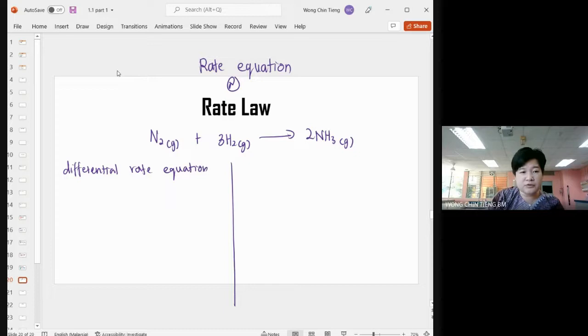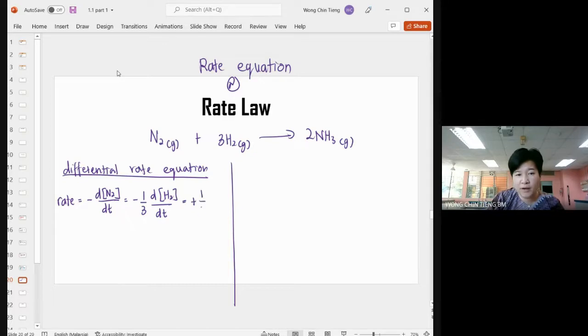We are going to take everything. If you remember, we start off with the word rate. I take my reactant, negative d[N2]/dt. I take my reactant, negative 1/3 d[H2]/dt. And I take positive 1/2 d[ammonia]/dt. So far so good? Agree?